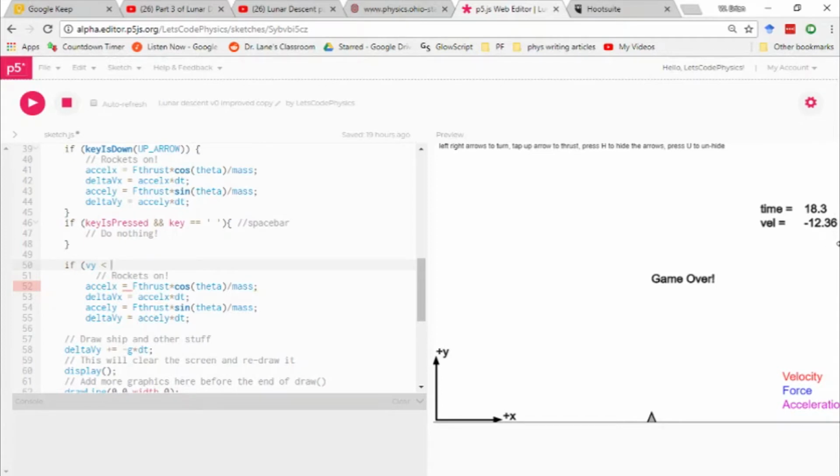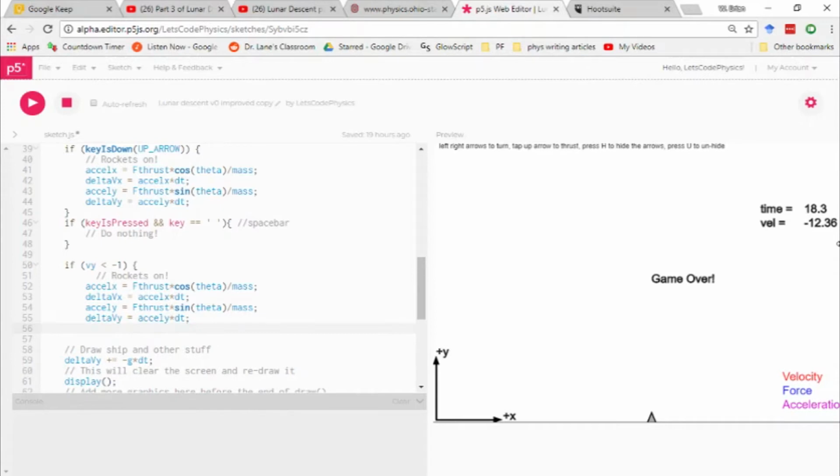So let's say if Vy is less than -1, then we want it to apply the thruster vector. Here we go. Now I'm not going to have the computer rotate, but I'm just going to leave this cosine theta sine theta stuff, even though theta is going to be locked in at being vertical. So let's see what happens with this now.